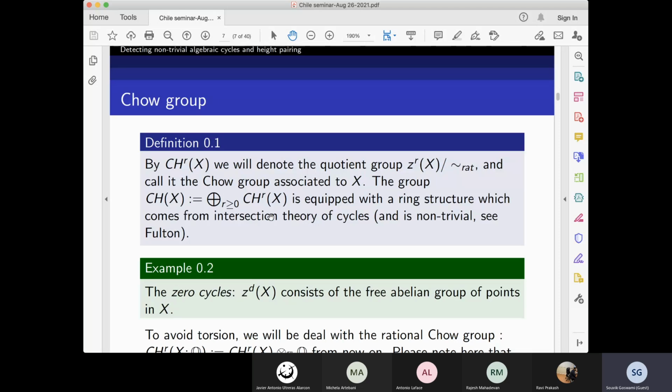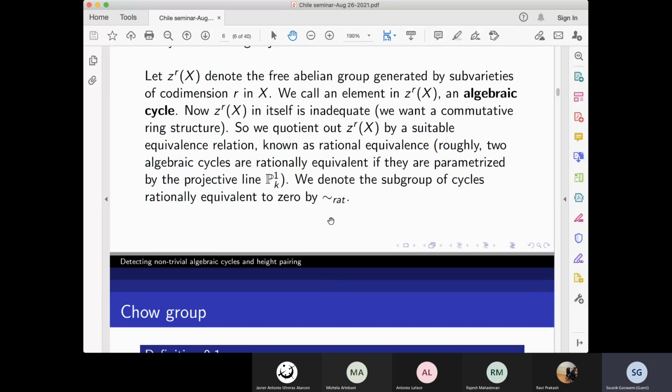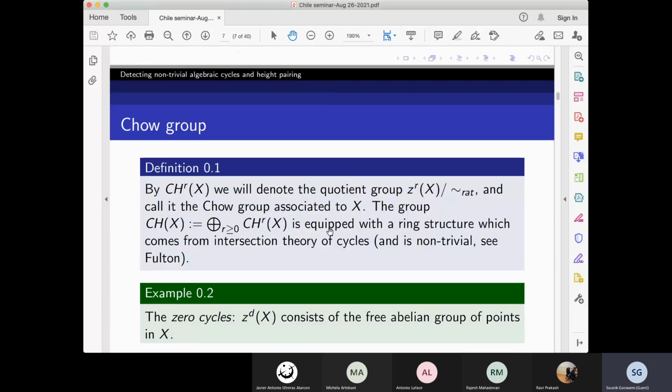This is developed in a book by Fulton called Intersection Theory, where he developed this whole idea of algebraic cycles and this ring structure. So we have to quotient out by this rational equivalence to get a nice ring structure on this group.